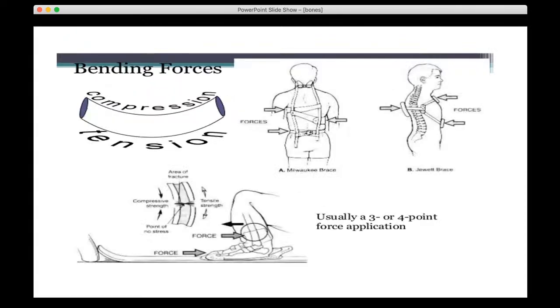Another aspect is bending forces. You can see in this pictorial bending stresses causing bending of your bones. That is also very common in games. These are all different kinds of shear stresses which you face in games, and these lead to maximum fractures.